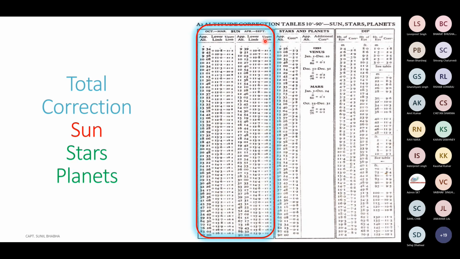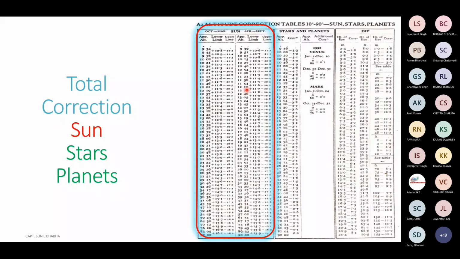So basis the date on which you have taken the sight, you will be entering the appropriate part of the total correction table. Check the date given in the question on which the sight is taken, and basis that date you enter into the appropriate part.